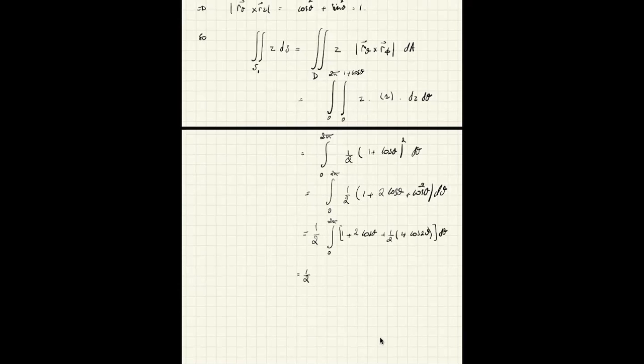And this is 1 over 2, theta plus 2 sine theta plus 1 over 2 theta plus 1 over 4 sine 2 theta, evaluated between 2 pi and 0, which is equal to 3 pi over 2.